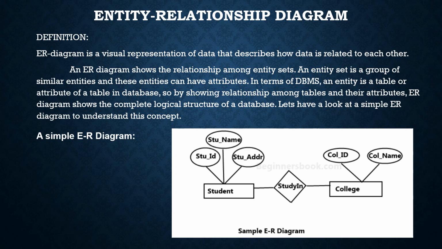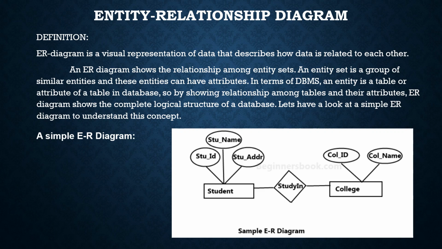Attributes can be represented using an ellipse. Here are student ID, student name, and student address attributes. And study in is a relation. And college, again an entity, includes two attributes: college ID and college name.